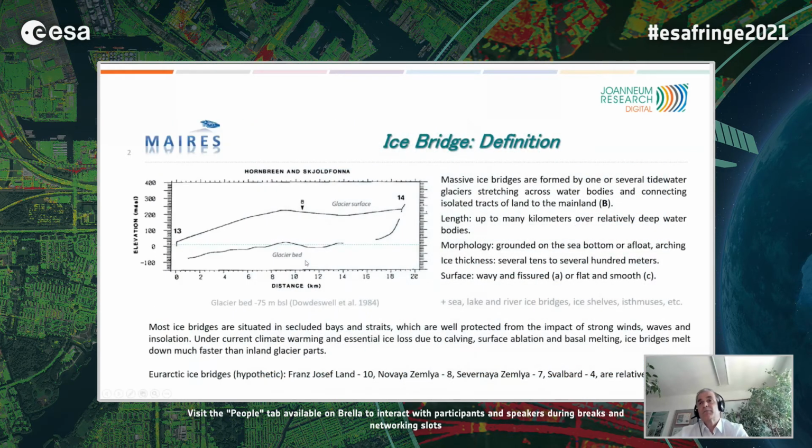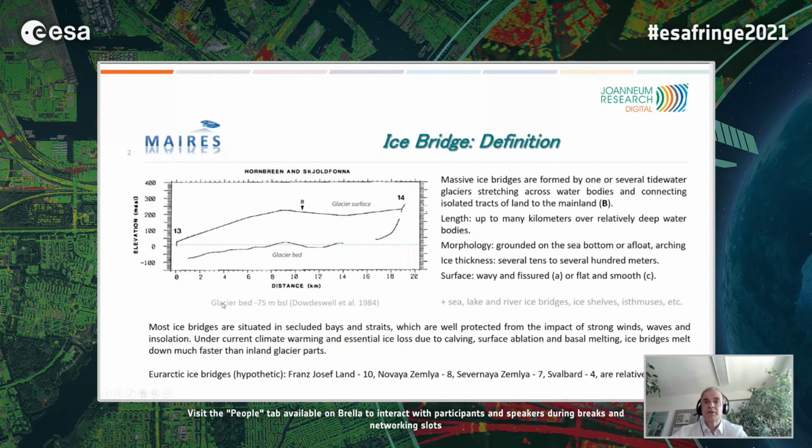Just to remind, the most significant and massive ice bridges are formed by one or several tidewater glaciers stretching across water bodies and connecting isolated tracts of land to the mainland or a larger island.